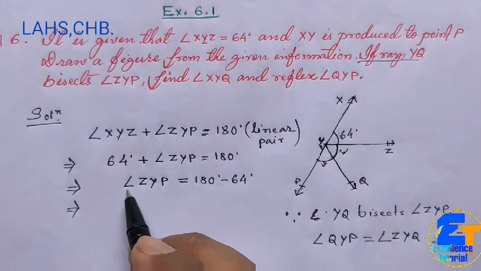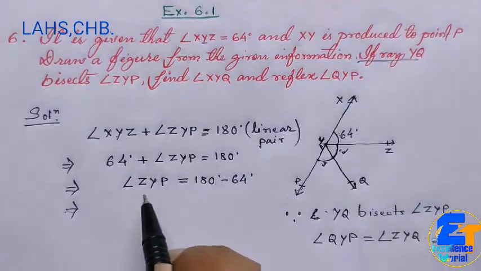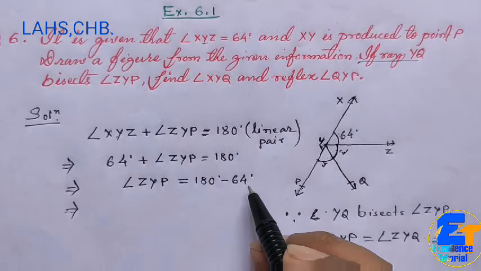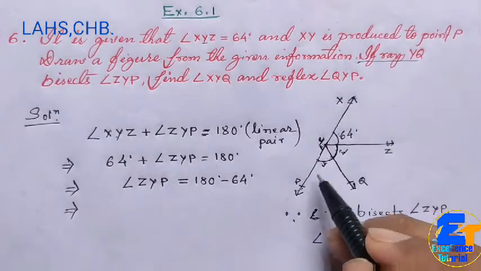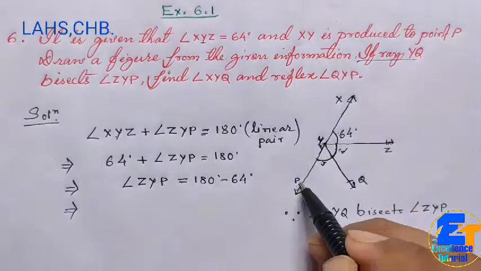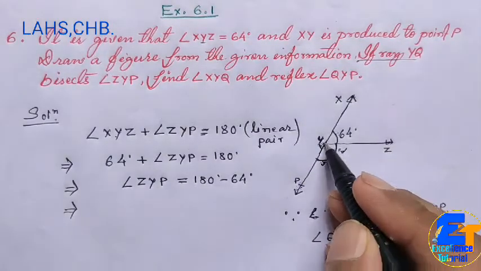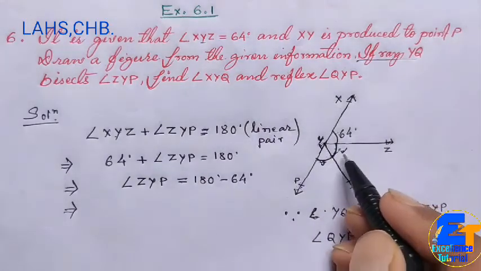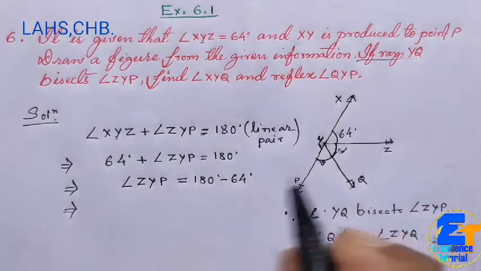Okay, now finally we got this equation: angle ZYP is equal to 180 degrees minus 64. In place of angle ZYP we can write the sum of these two angles, so the name of this angle is ZYQ.